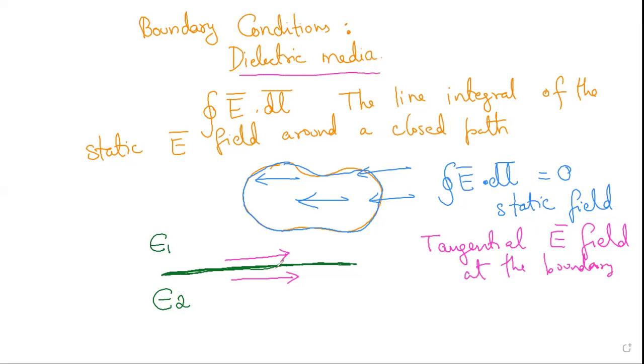Now, what I will say is that the electric field in medium 1, let me call it, is ET1. And the electric field formed at the other side of that boundary is ET2. And I'm looking at a very small section of this boundary interface.